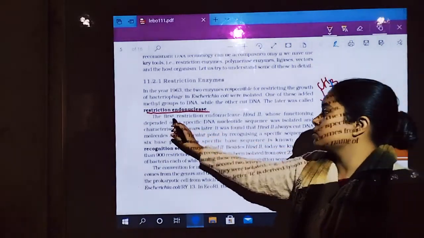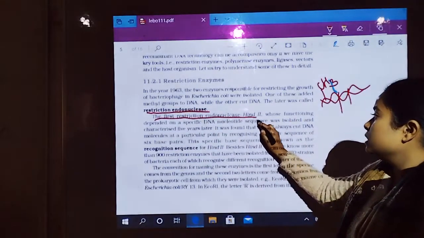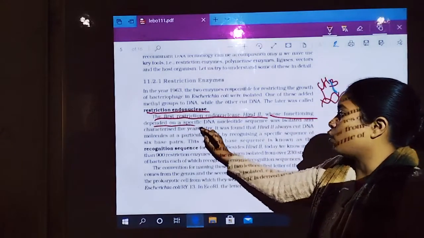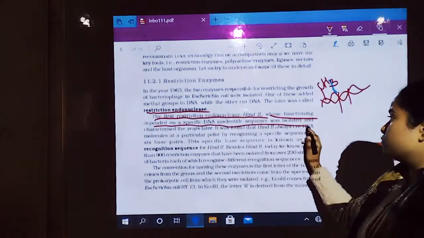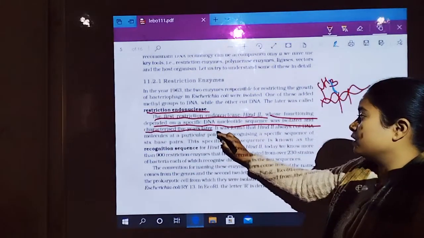Second, the first restriction endonuclease, HindII, whose functioning depends on a specific DNA sequence, was isolated and characterized 5 years later.